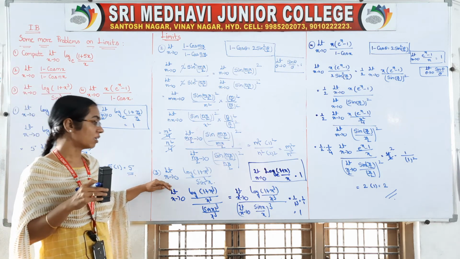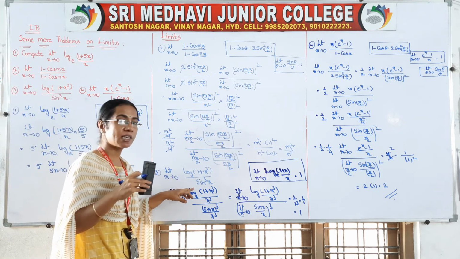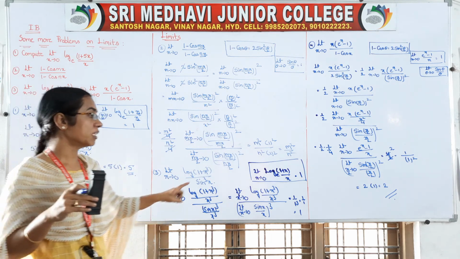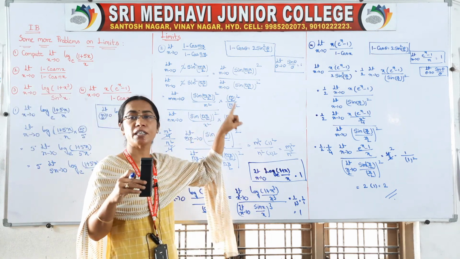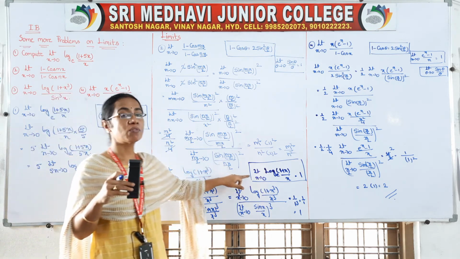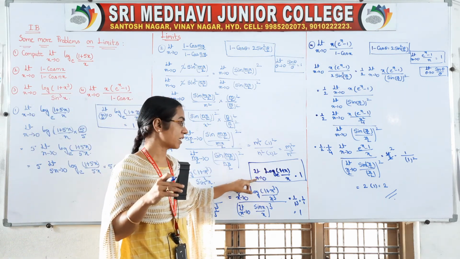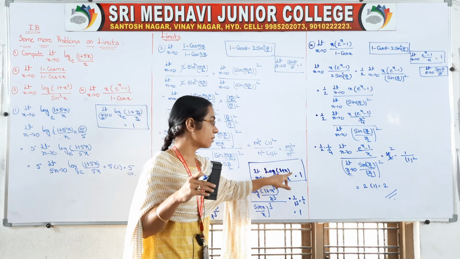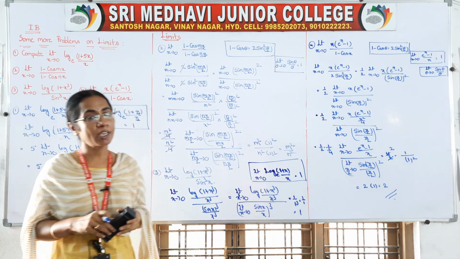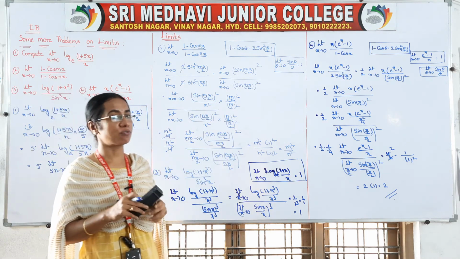Now come to the third one. If you observe, log is there, sine is there. If sine is there in the limit, it is confirmed: limit theta tends to 0 sin theta by theta is equal to 1. But if log is there, again one standard formula is there: limit x tends to 0 log of 1 plus x by x, base e, is equal to 1. So we have to apply that formula.